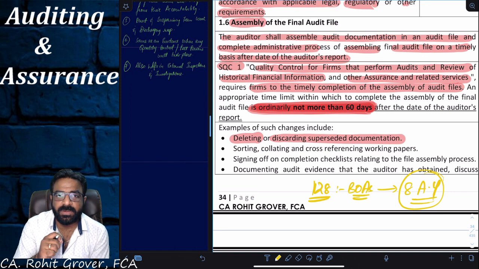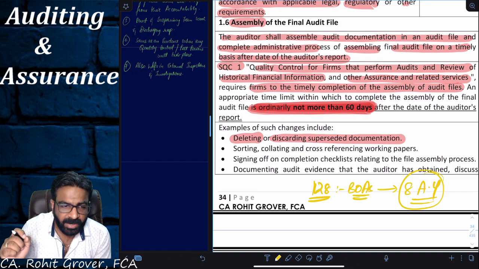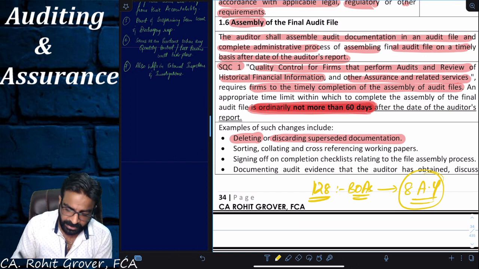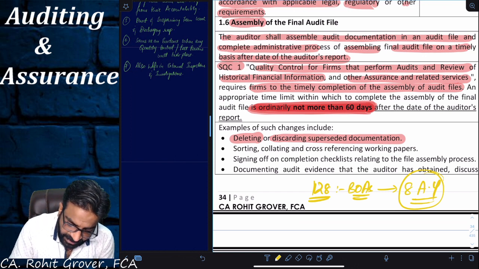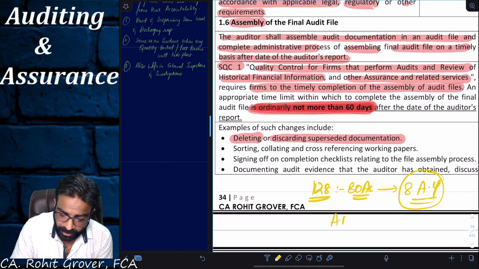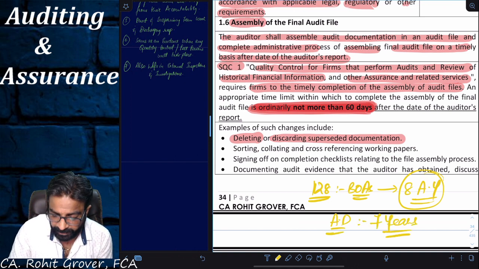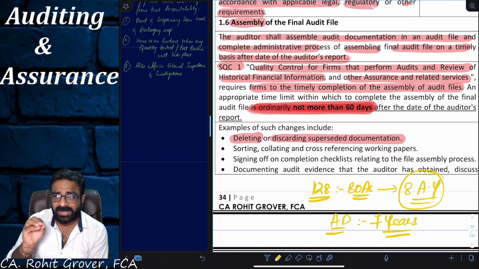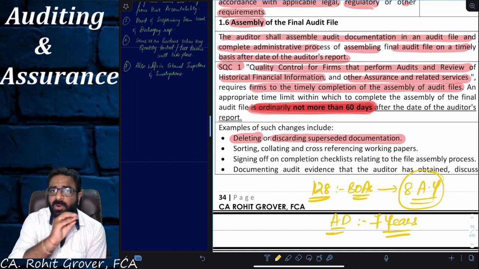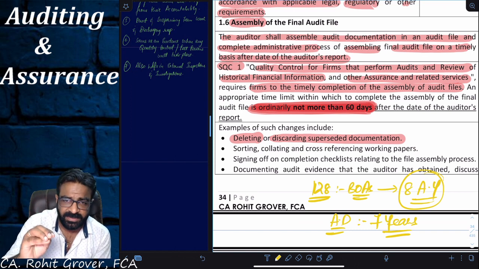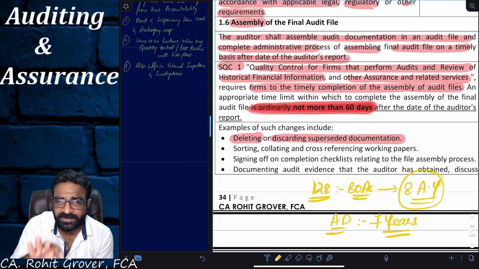Same kind of rule, again repeating, applies to the auditor also. In his office, you have to maintain audit documentation for 7 years, everyone. It means the last 7 years of audit documentation which you collected from your client's place must be available in your office at any point of time.